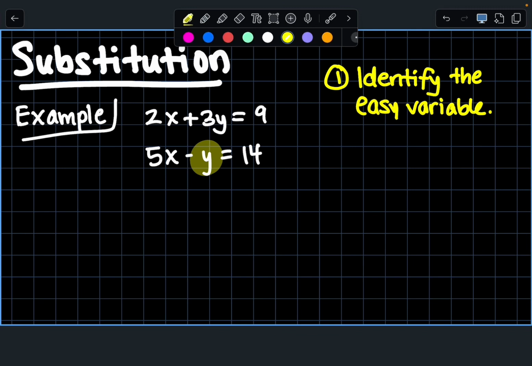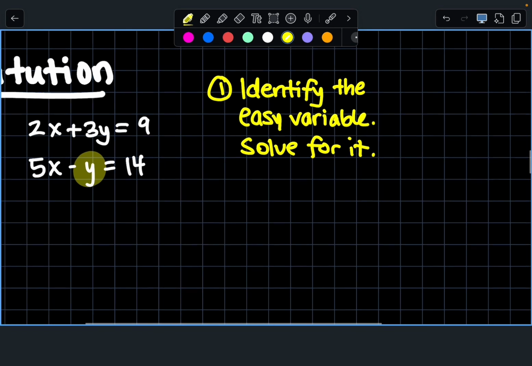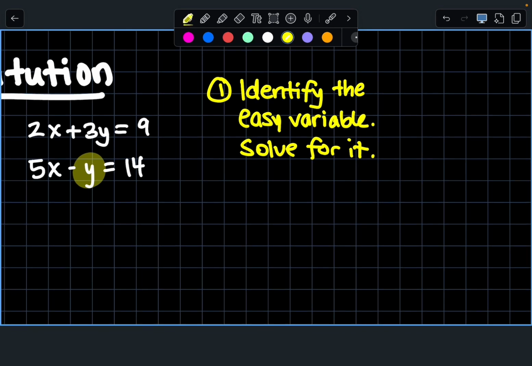And then I'm going to go ahead and actually solve for it. Right, so you identify the easy variable and then you solve for it. Let's do that here on the side. To solve for a variable, you guys know that we are using SATMAP, right? We are working backwards, so we're going to add and subtract first and then divide.